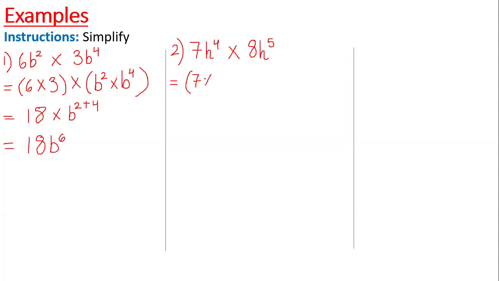So we have 7 multiplied by 8, multiplied by open bracket h to the power of 4 multiplied by h to the power of 5, close bracket. Very good. And it's going to be equal to 56. What is 7 times 8? 56. Very good.